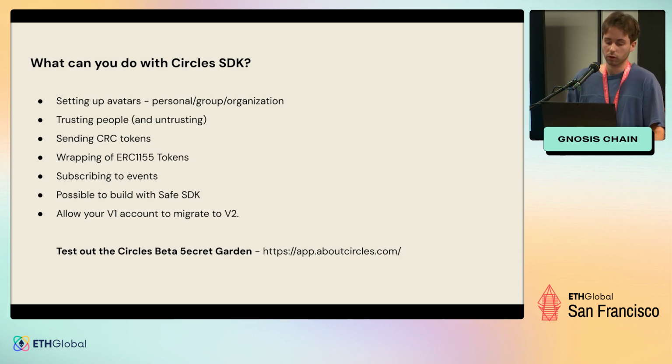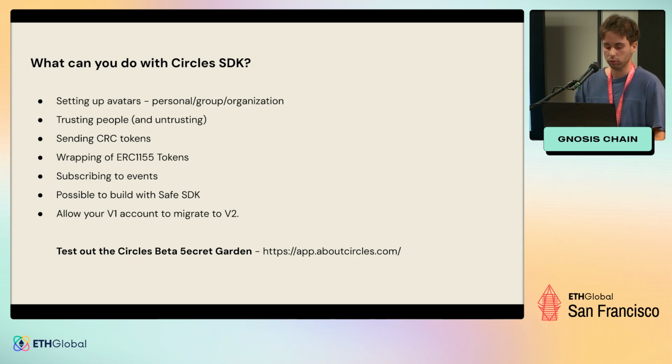The key features of the Circles SDK are setting up an avatar, the 3 types of avatar, so personal with invitation, or group or organization. You can trust and untrust people. You can send the CRC token. So under the hood, the SDK will check if there is a trust path between you and the address that you want to send the token to. And if it finds a trust path, it will let the token be sent to this address.